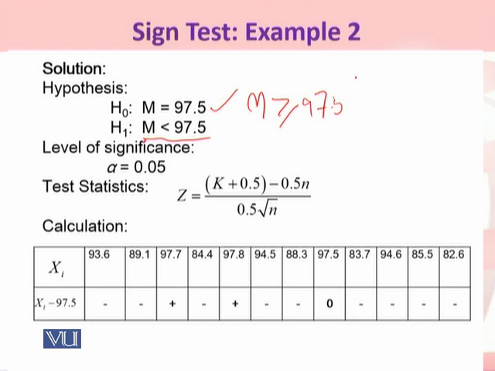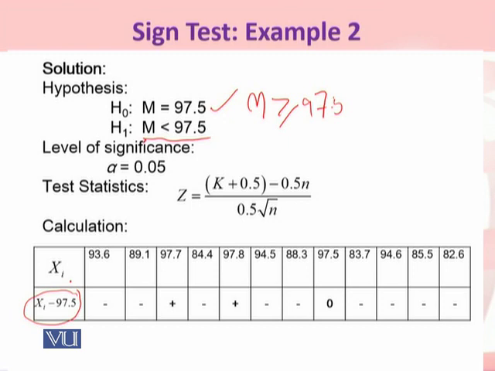As far as the calculations are concerned, students, the first thing we have to do is find the differences. We subtract the original observations from the median in order to see how many values are less than the median, how many are equal to the median, and how many are greater than the median. So we have calculated this step, xi minus 97.5.